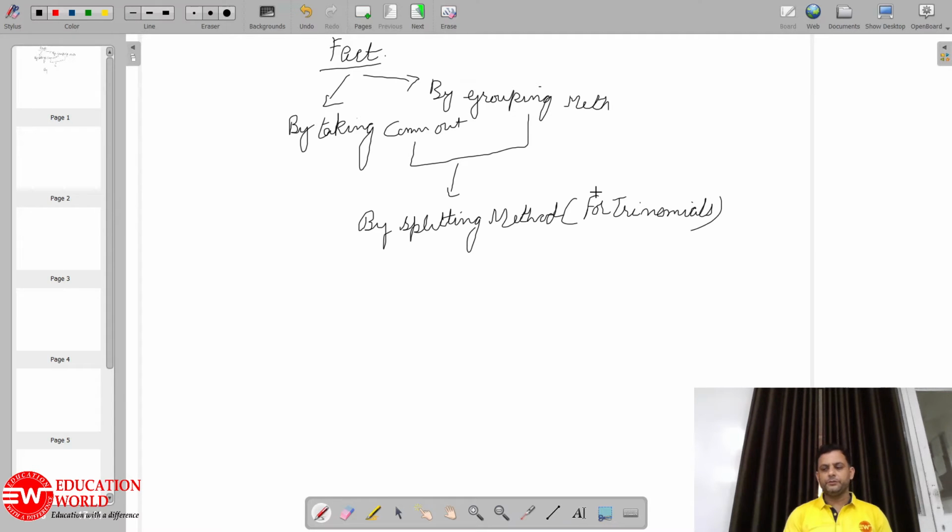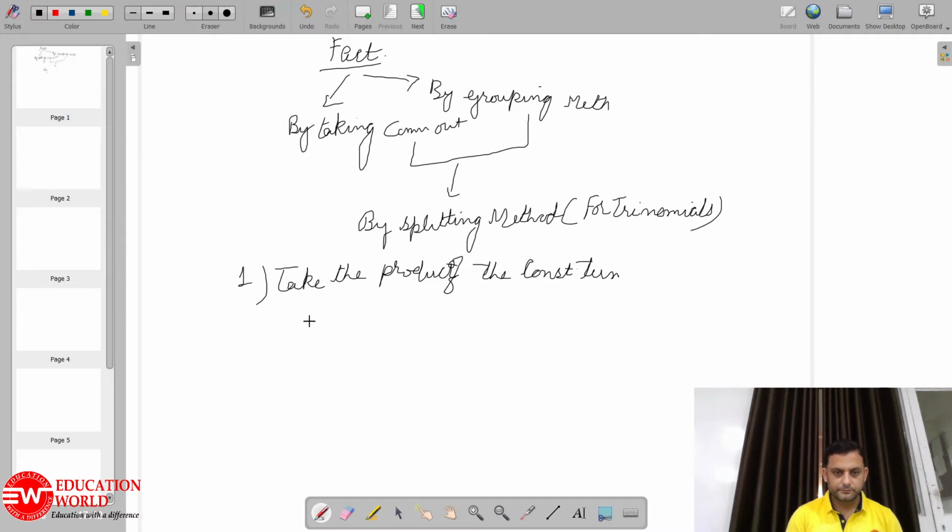Okay, how we will do? While doing the factorization by this splitting method, you have to remember a few points. The first point is take the product of the constant term and coefficient of x square.